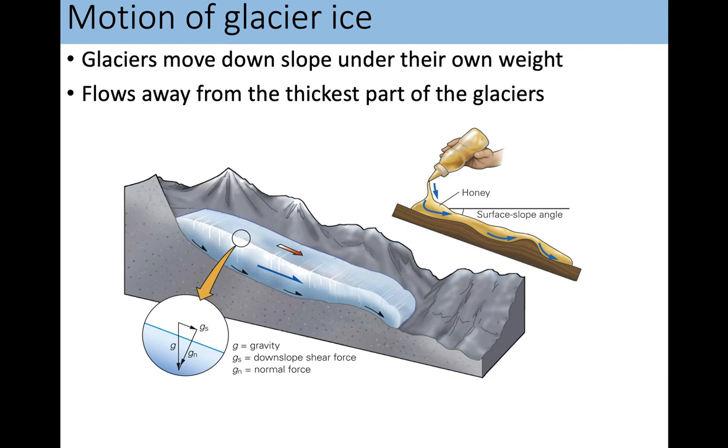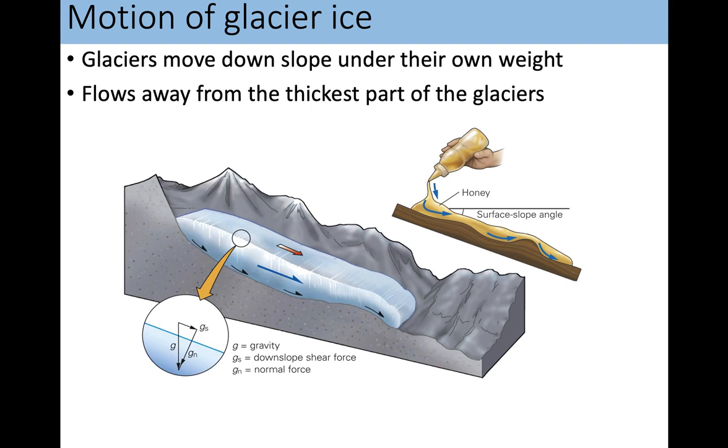So glacial ice, I keep mentioning that glacial ice is flowing, but I haven't really explained that yet. Glaciers actually move under the force of their own weight. They're incredibly heavy. If you can imagine picking up a bag of ice at the grocery store for your cooler, for your barbecue, bags of ice are relatively heavy, and they are nothing compared to the size of a glacier.